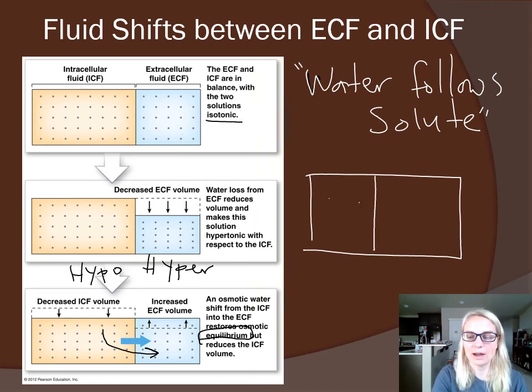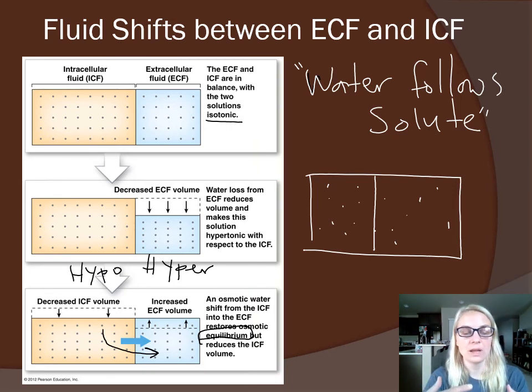We could do the same thing if we wanted to go in the opposite direction. So let's say we are isotonic here, and instead of the ECF becoming hypertonic, let's make the ECF hypotonic. So this might be a consumption of a whole lot of water. So drinking a whole lot of fresh water, or kidney problems where your kidneys cannot release excess water.